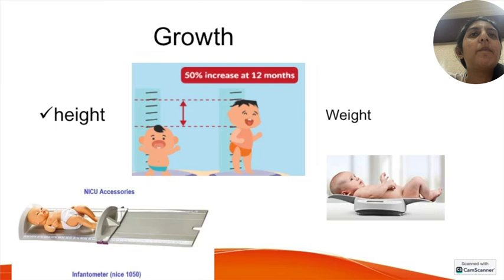They should have a 50% increase at 12 months. For weight, it doubles at 6 months and triples at 12 months. For example, a newborn baby weighs around 6 pounds. Then at 6 months, it should be doubled at 12 pounds. At 12 months, it's going to be 18 pounds.